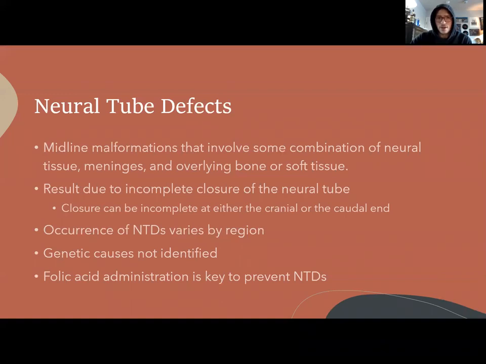The occurrence of neural tube defects varies by region, and that's because folic acid is the number one way to prevent neural tube defects. Depending on the region you're in, you may have access to enriched flour, which contains folic acid, or you might not. You may have no access to those key nutrients that would prevent all these defects.